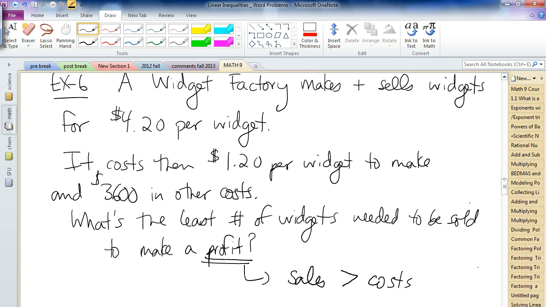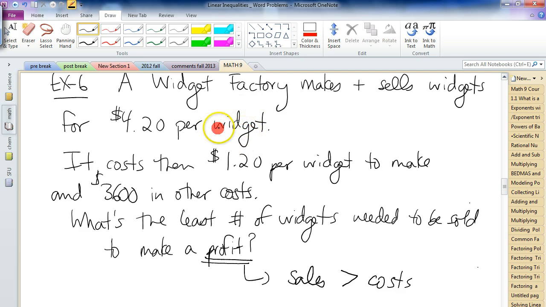What are our sales? Our sales comes from the $4.20 per widget. How do you write that? We don't know how many widgets we're selling, so that's our variable, widgets. $4.20 per widget. So that means if we have one widget, 1 times 4.20, $4.20. 2 widgets, 2 times $4.20 gives you $8.40. So the inequality we're going to write is going to say $4.20 times the number of widgets, which we don't know.